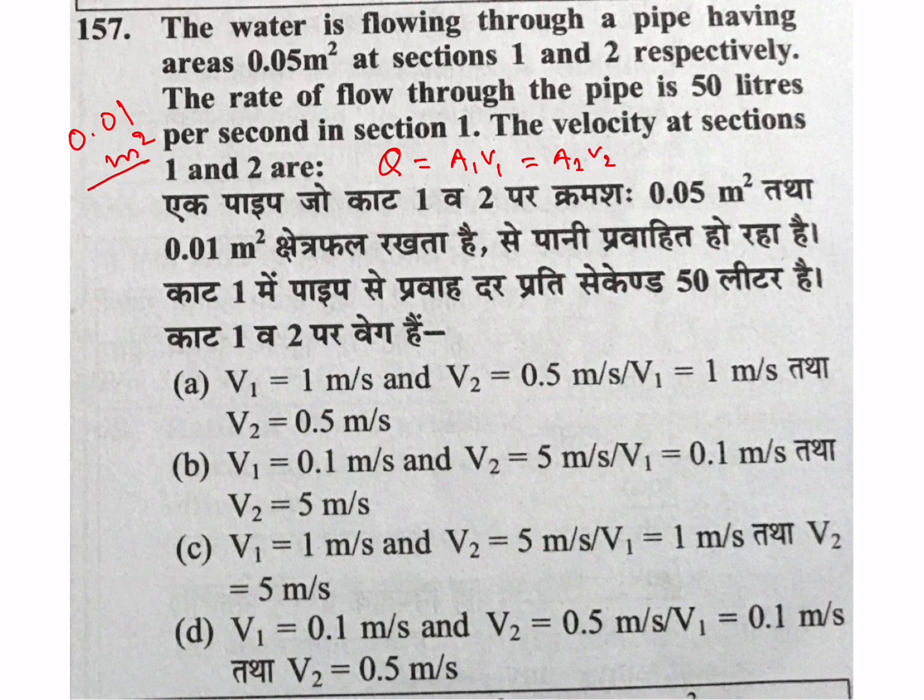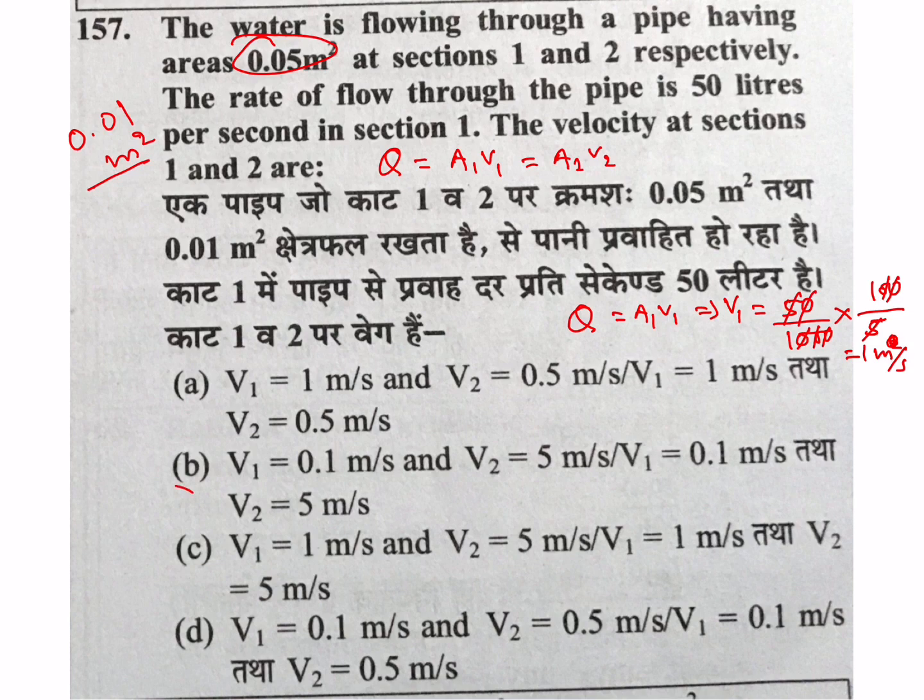Q equal to A1 V1, and from here V1 equal to Q, which is 50 by 1000, divided by A1, which is 0.05, you can write 5 divided by 100. That is 1 meter per second, its velocity.